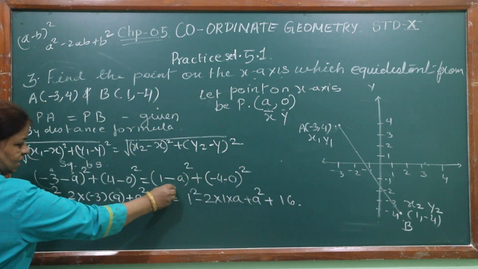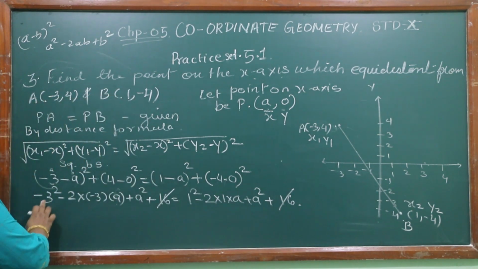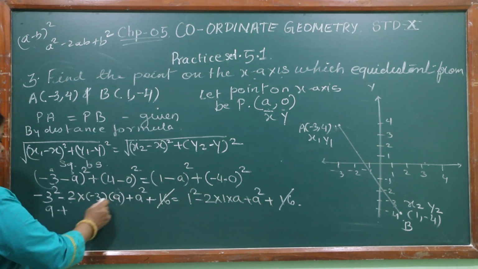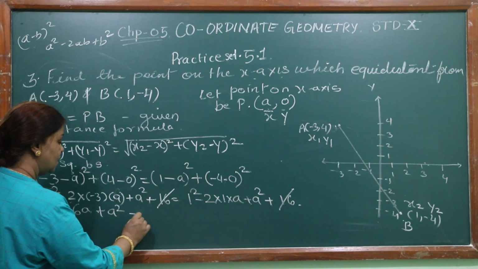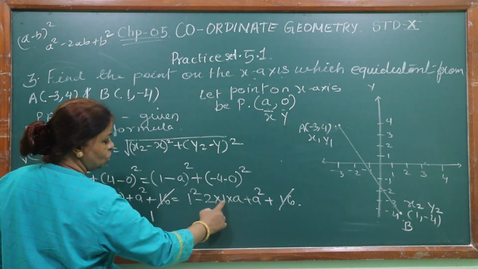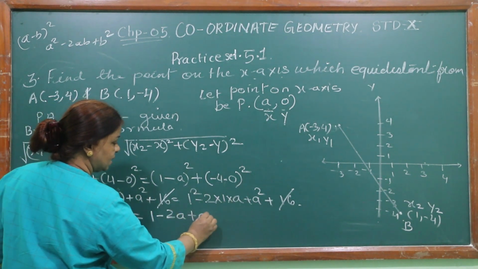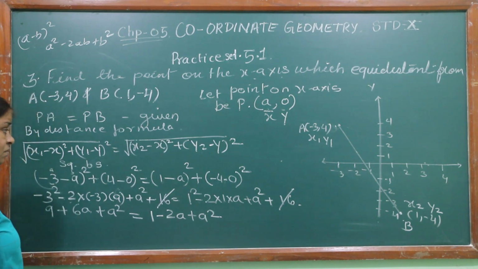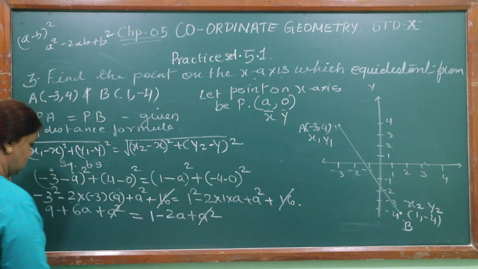So I think we can cancel 16 easily because both have the same sign, and minus 3 square will be 9. Minus minus plus 6a plus a square is equal to 1 minus 2 into 1 is 2a, minus 2a plus a square. Now I can also cancel a square and a square.